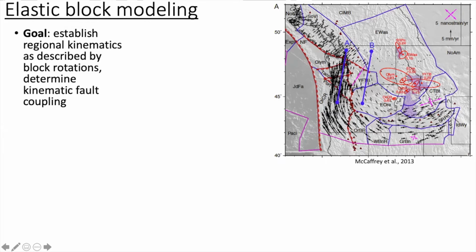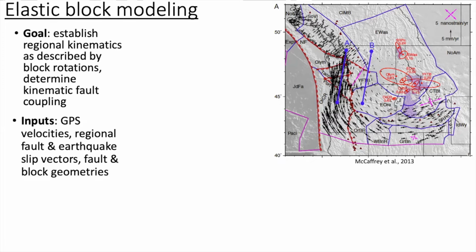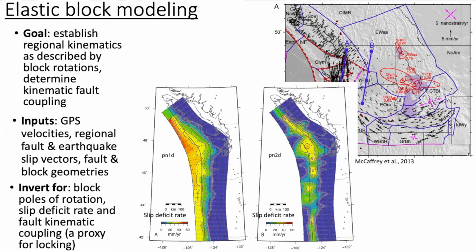So by inverting for the poles of rotation, we get the general block motions, and we can then invert for the coupling that occurs on faults that leads to the residual, which is inferred to represent elastic strain along those faults. So the inputs to these inversions are GPS velocities, fault slip vectors, and block geometries and fault geometries. And we invert for poles of rotation, slip deficit rate, and fault kinematic coupling.